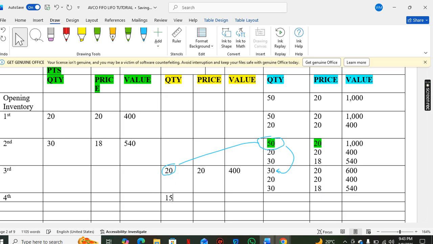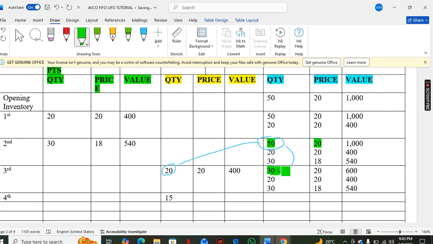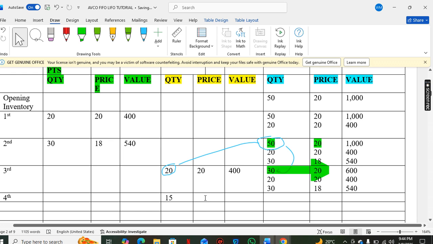So these 15 units, again, they're coming out from the oldest stock. And the oldest stock is this 30 units valued at 20 kwacha. So we're going to value these 15 units at 20 kwacha. 15 times 20, that is 300.